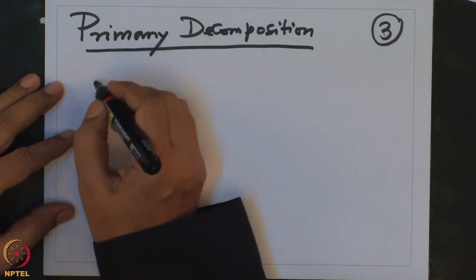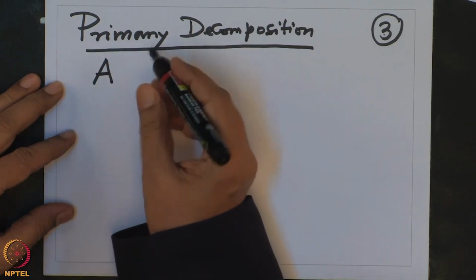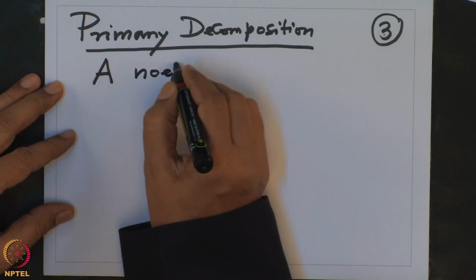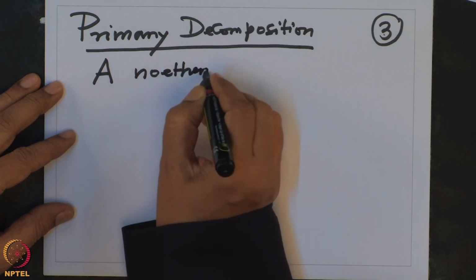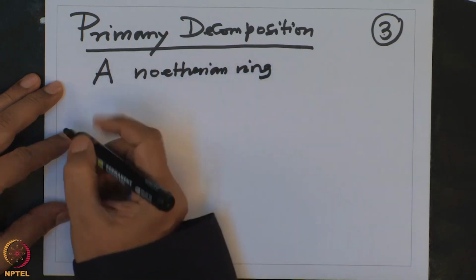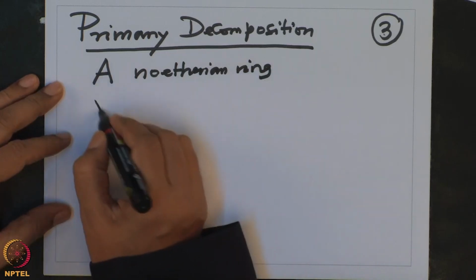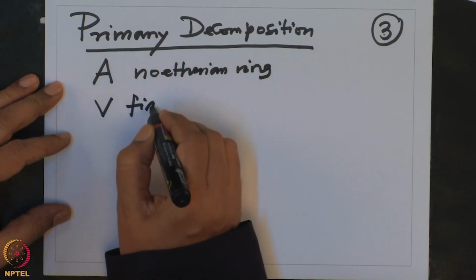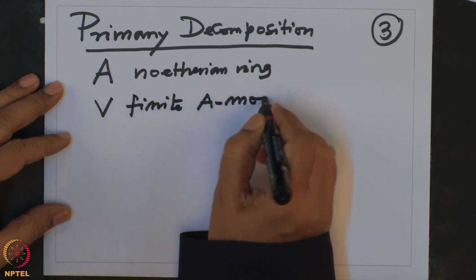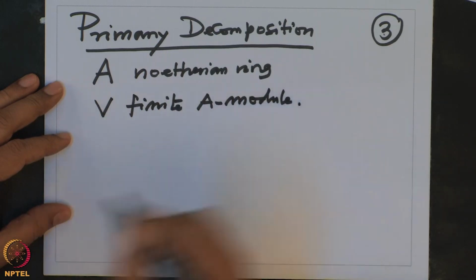So let us assume, I will not keep saying it, but this is our blanket assumption now, that A is a Noetherian ring and V is a finite A module. It is generated by finitely many elements.